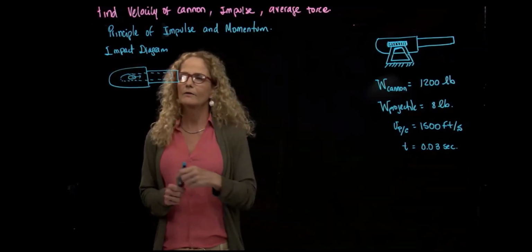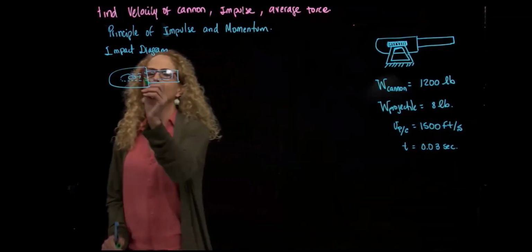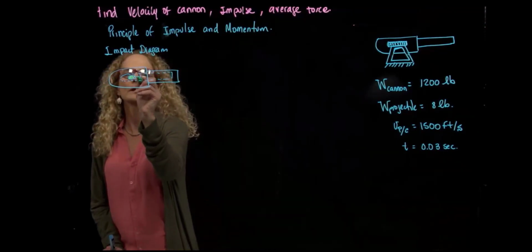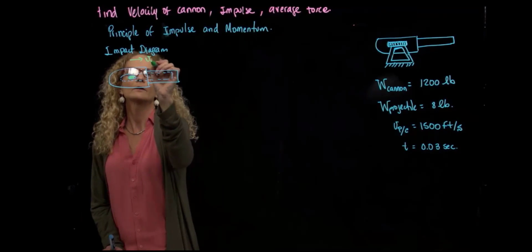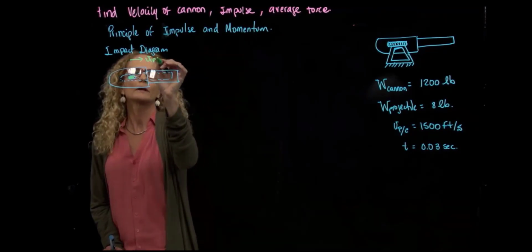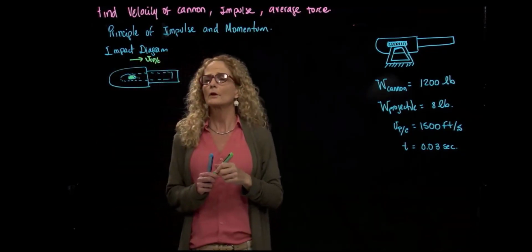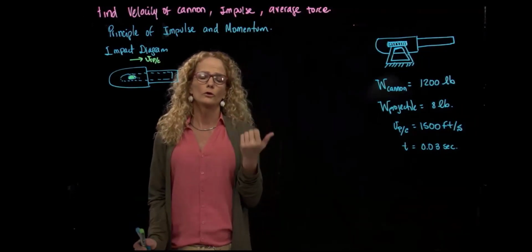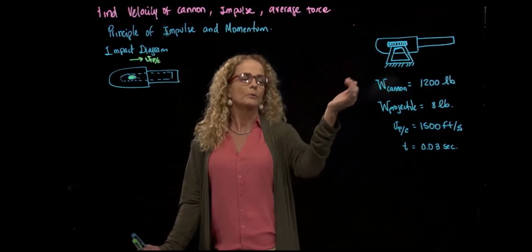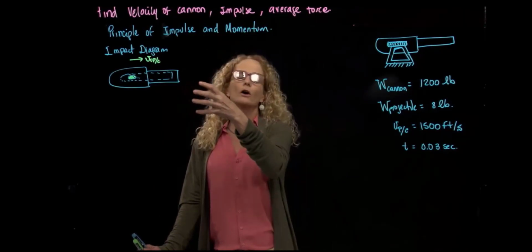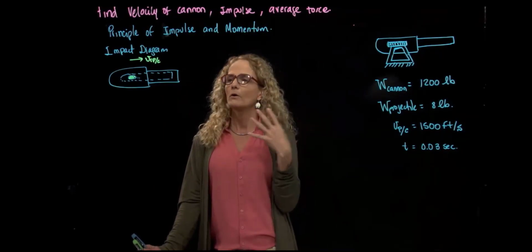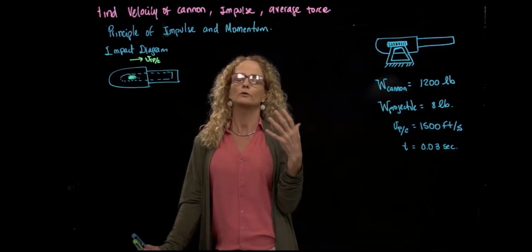So the relative velocity of this projectile is given. So we have the relative velocity between the projectile and the cannon. As you see, we don't draw any forces for the spring, we don't draw any forces for the weight. So this is not a free body diagram of the projectile or cannon that has to be in equilibrium.